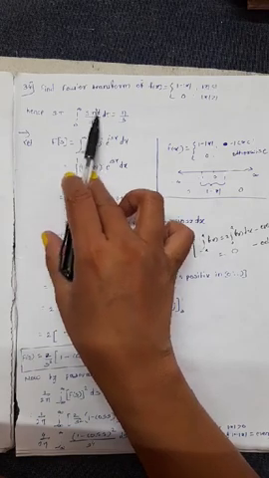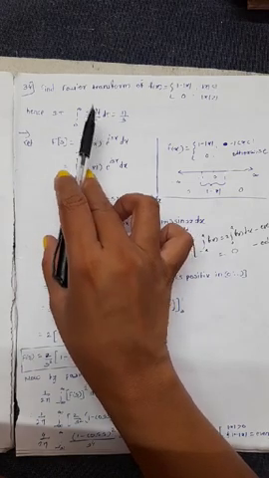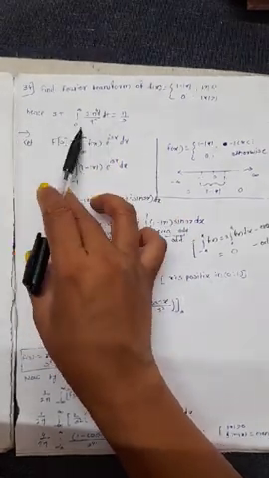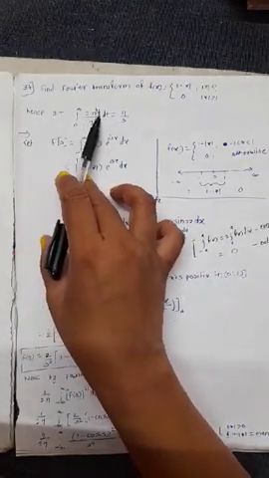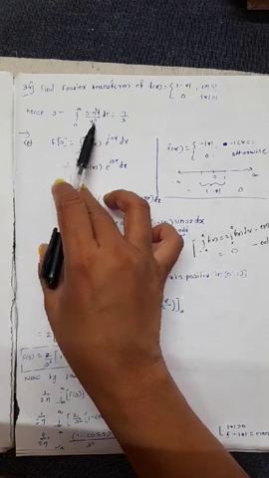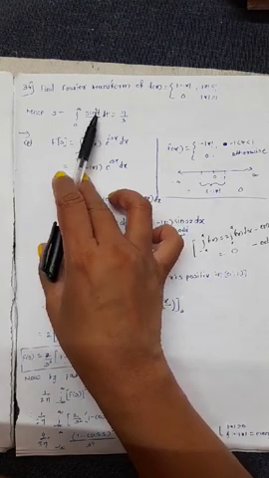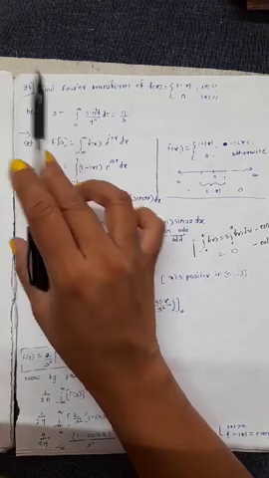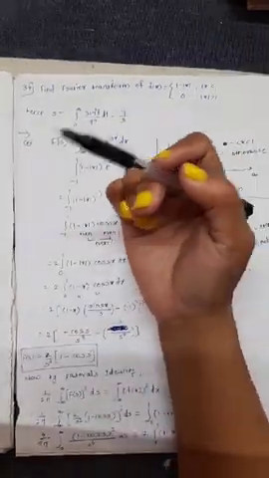Understand? If sin square upon t square is there, that example we have already solved. But here sin raised to 4 upon t raised to 4 is there, higher indices of the functions. That's why this can be solved using Parseval's identity only.